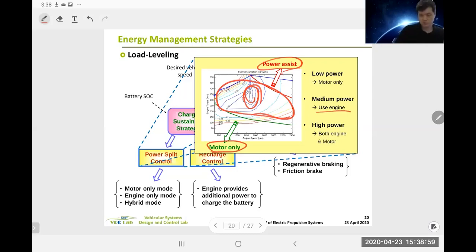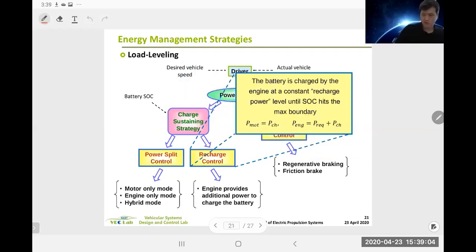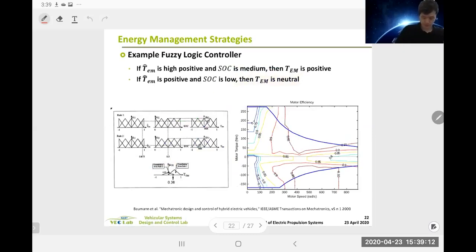So that's a nice part of the rule-based control. But is it optimal? That's the question. Probably not, right? And there's also controller, some people design based on fuzzy logic, but usually it's not that great.